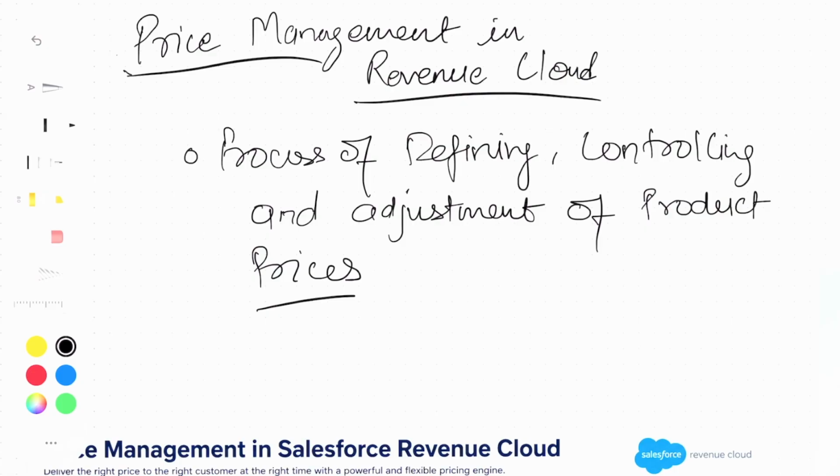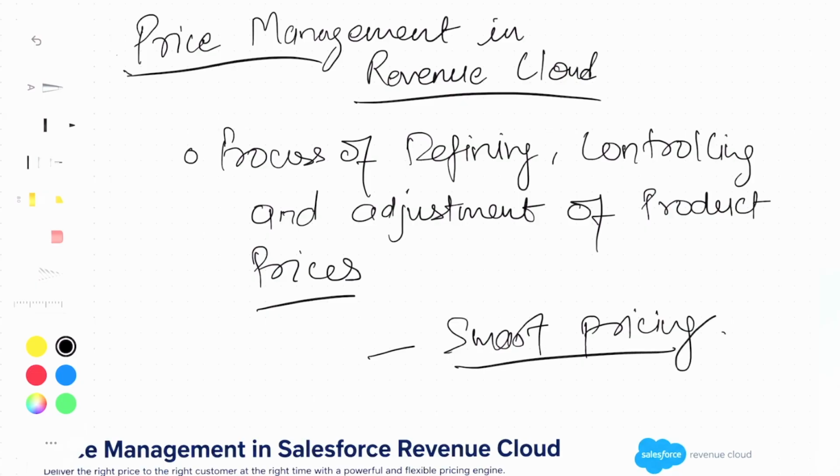So instead of giving the pricing manually, they use smart pricing. What is smart pricing? Smart pricing is an automatic adjustment.